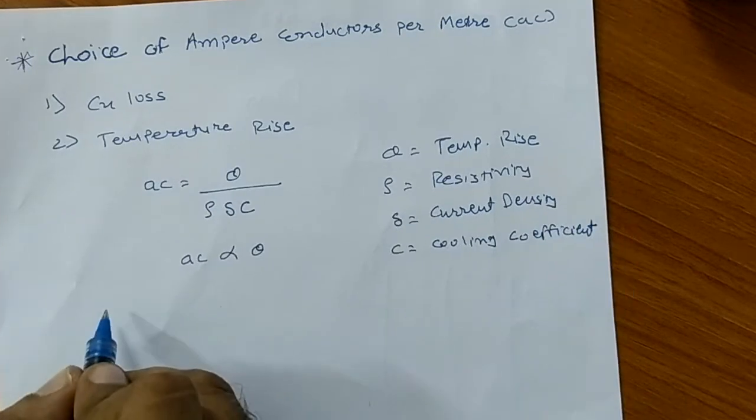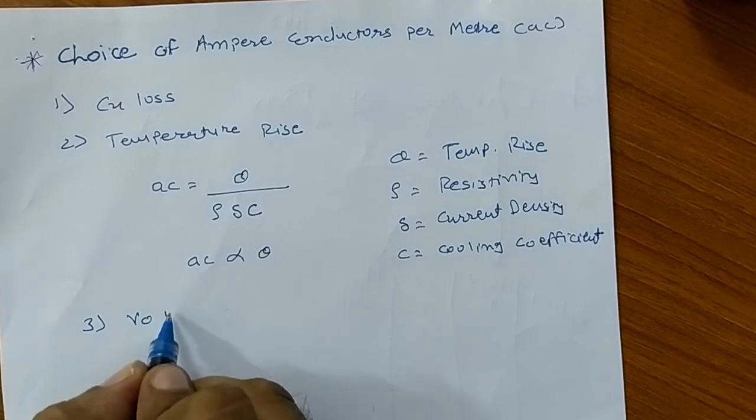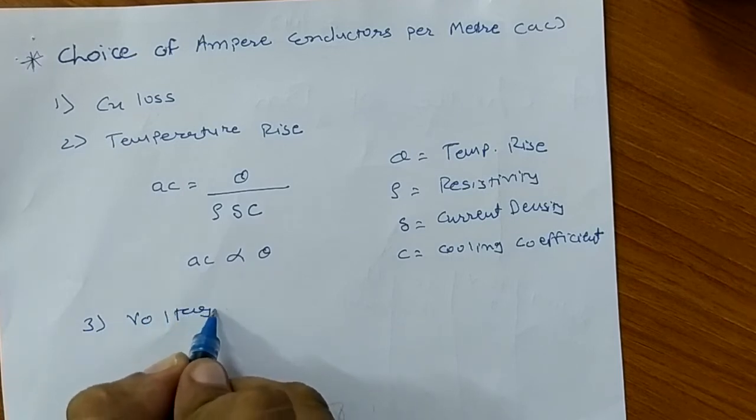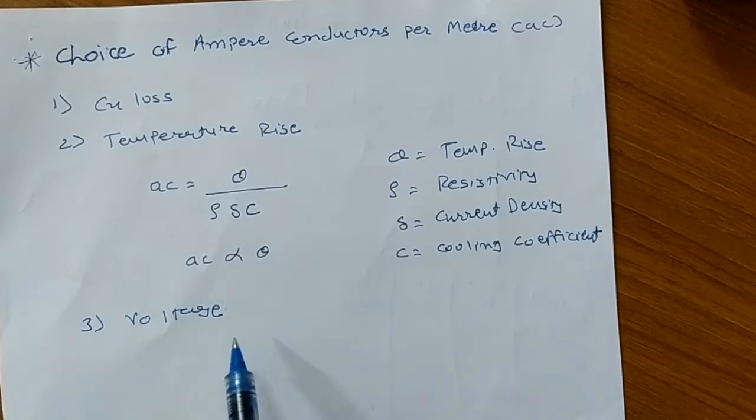The third point is the voltage. Generally a small value of ampere conductor is selected for high voltage machines, as in their case the space required for insulation is large. Suppose we consider one high voltage induction motor.